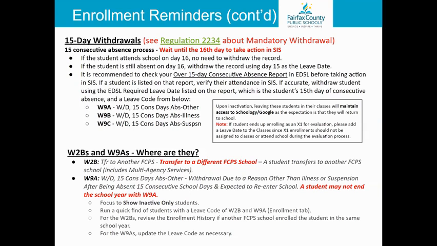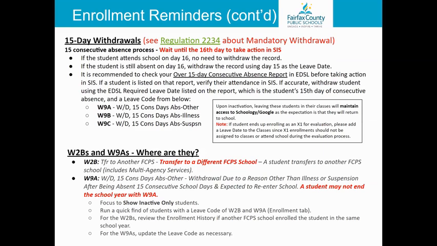But if they're still out on day 16th, day 17th, day 18th, then you do need to go back in SIS and inactivate that student using the leave date of that 15th day. So that's a lot of instructions here, but we have the breakdown here on this slide of what to do with those 15-day withdrawals.